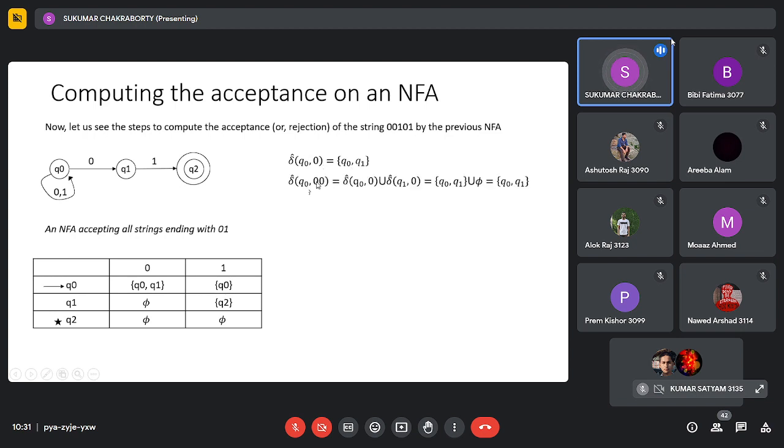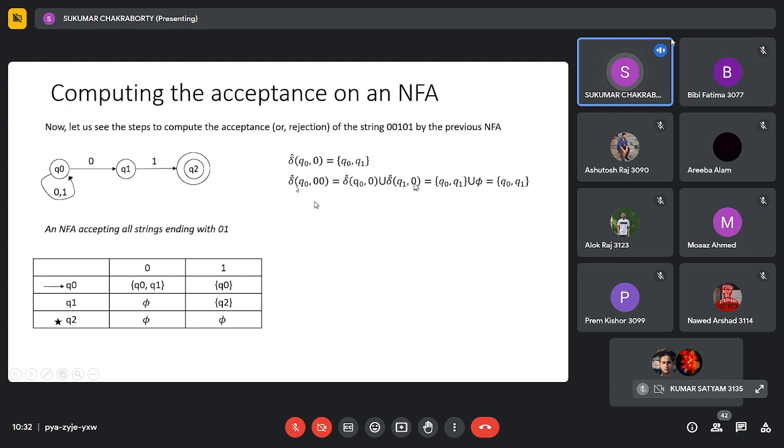Delta hat of q0, 00 is: delta hat of q0, 0 was q0, q1, so I feed a 0 on this q0 and I feed a 0 on this q1. So now this becomes a union of delta of q0, 0 and delta of q1, 0.